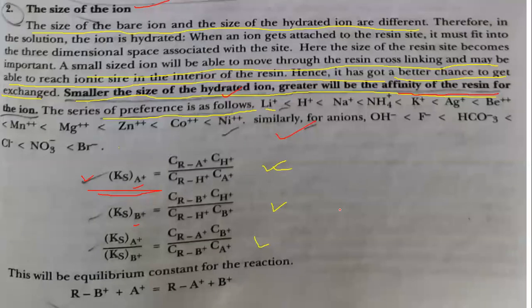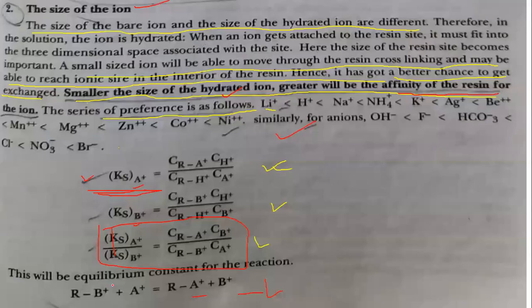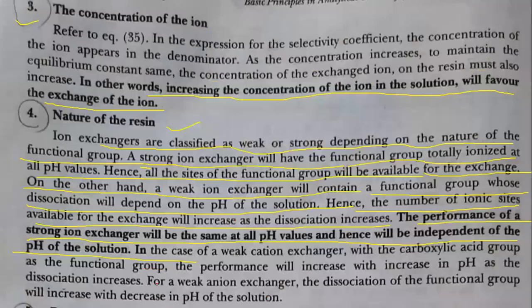So selectivity coefficient we are taking here. The selectivity coefficient of A and selectivity coefficient of B, and the ratio of the two is here, from which we are getting this equilibrium reaction. RB reacts with the A plus ion, that gives RA and B plus ion. So what happens here? The B is replaced with the A plus ion from the resin.